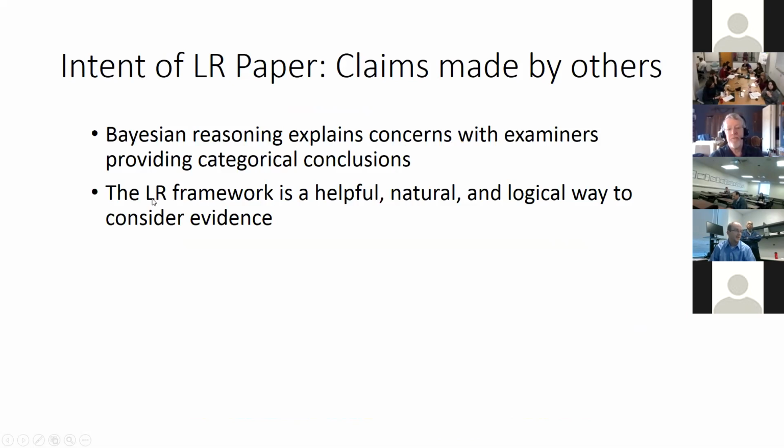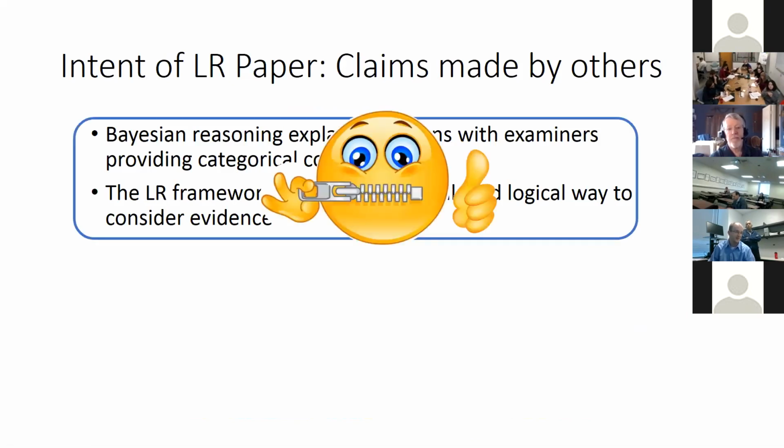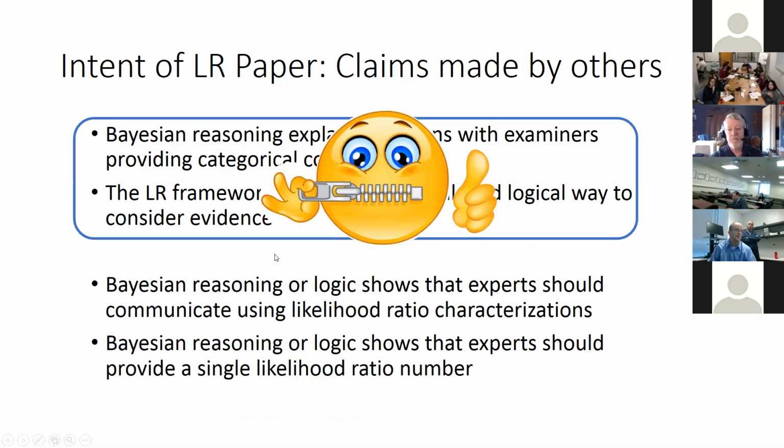And additionally, that the LR framework is a helpful, natural, and logical way to consider evidence. And we have no objections to either of these claims. We felt like the statistical forensics community often takes it a step farther and says that Bayesian reasoning or logic has shown that experts should be communicating their findings using a punchline of a likelihood ratio characterization.